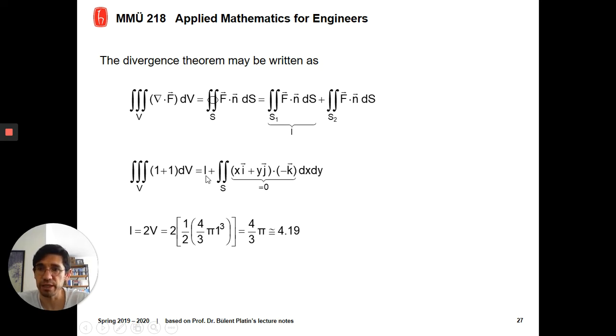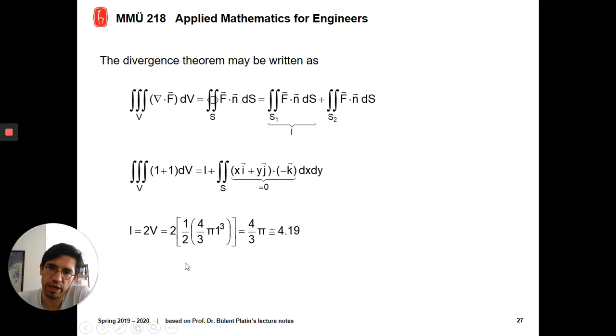It's handy because the hemispherical surface would be difficult to integrate over, but I have a very simple expression of my vector field on the divergence side, and that is equivalent to 2V.